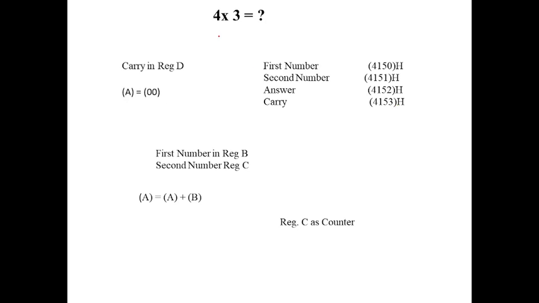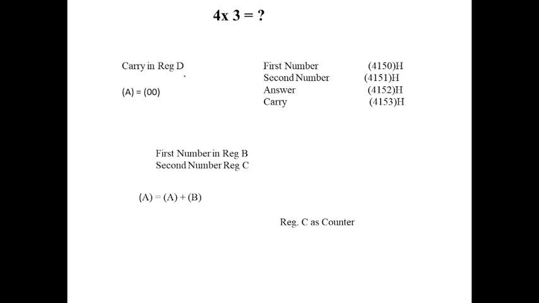In microprocessor programming, there is no instruction by which we can multiply these two numbers directly. So we have to perform multiplication in the form of repetitive addition. That means here we have to add 4 three times. So let us do that.